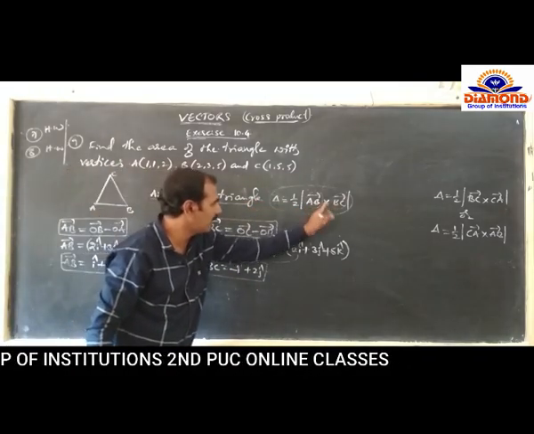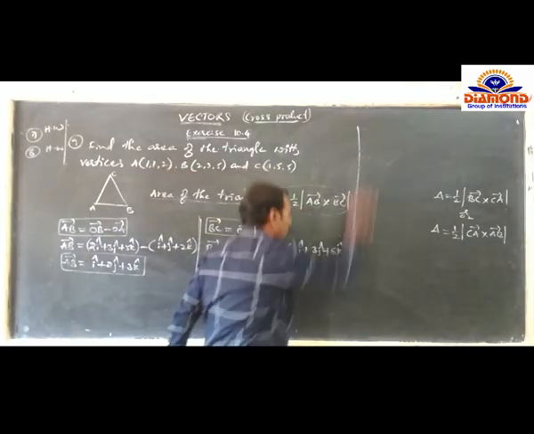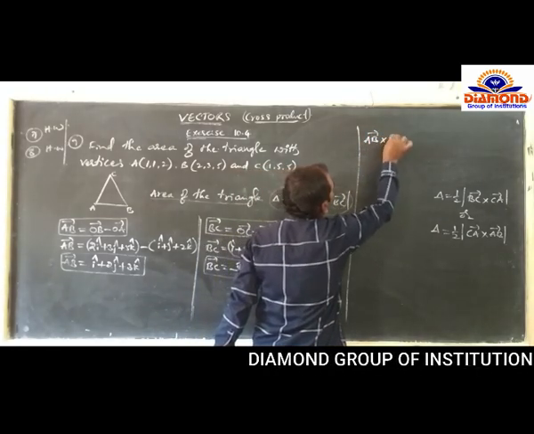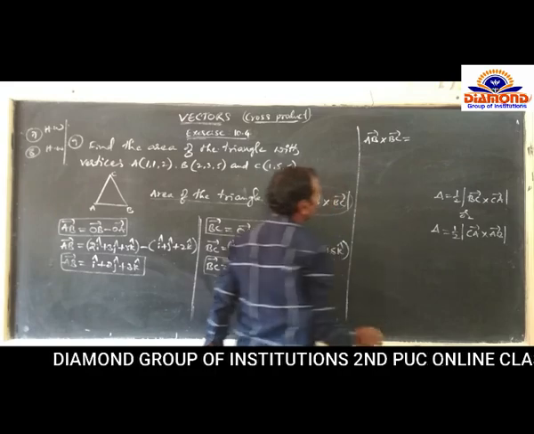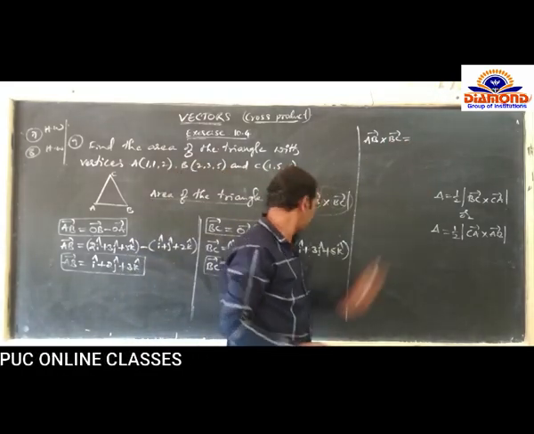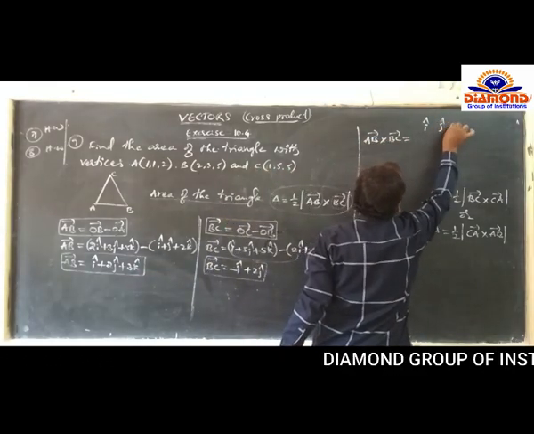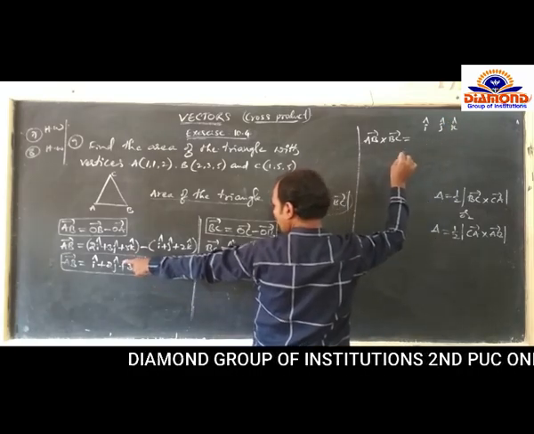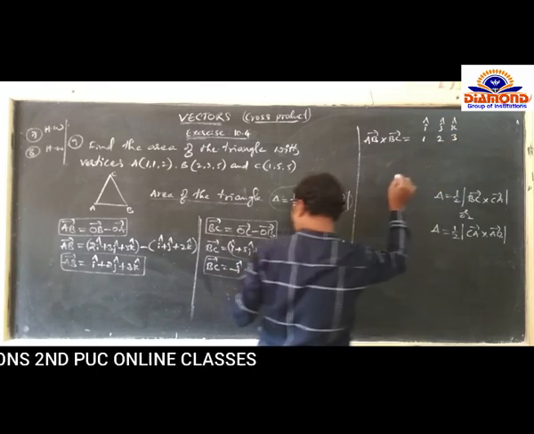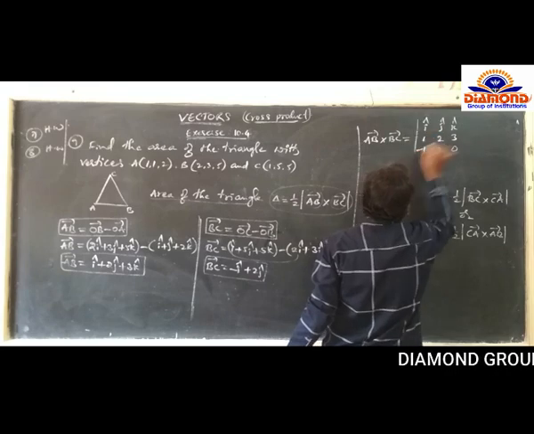Here, first you calculate the cross product, afterwards the magnitude. So here, the cross product AB bar cross BC bar. You already know the method, simple and easy: the determinant method. So use that determinant method with i cap, j cap, k cap. What are the components? 1, 2 and 3. Next, minus 1, 2, 0.